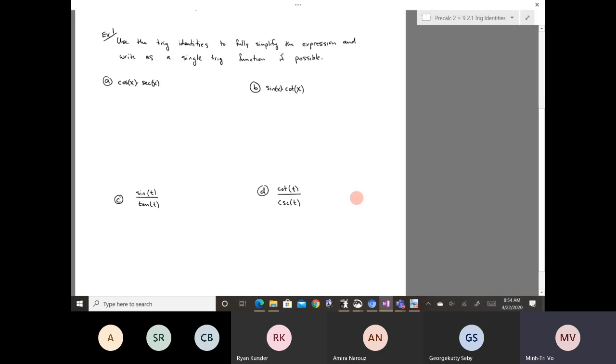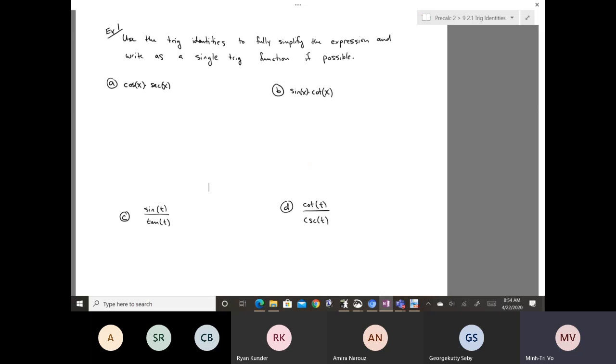So one thing to keep in mind in deciding which identities to use: again, this is not a general rule, so you shouldn't always follow this every single time. But if you look at the expressions on this page, there aren't any powers, right?